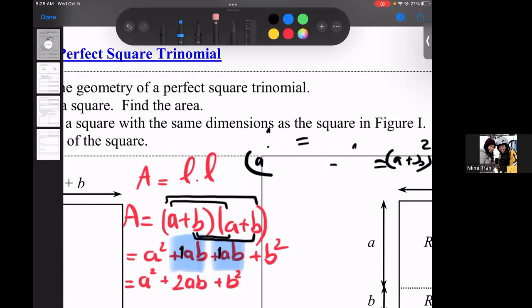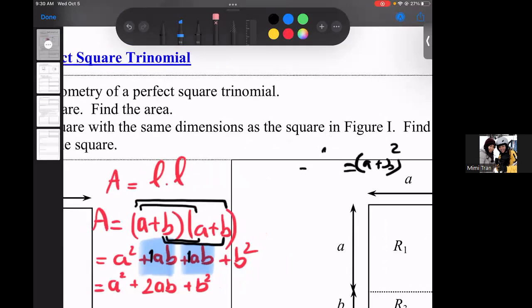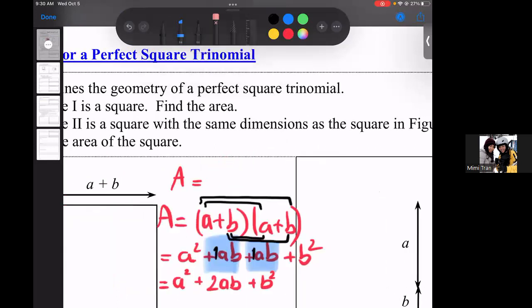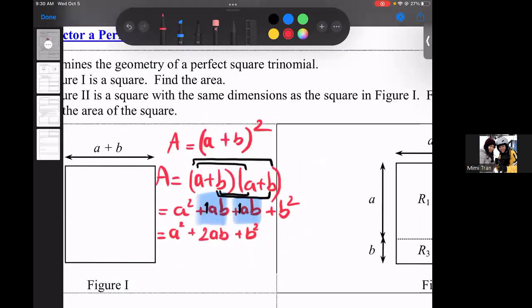So let me erase that. (a plus b) times (a plus b), I can rewrite this as (a plus b) squared. So what does that tell you? Okay, so this equals this equals this equals this.